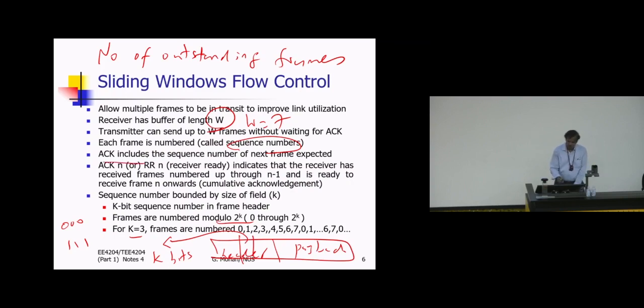Acknowledgement is also a frame, and it also carries a sequence number that tells which frame is acknowledged. And usually in practice, we use cumulative acknowledgement. Cumulative acknowledgement means the receiver need not acknowledge every individual frame. It can acknowledge a group of frames at once. Let's say it has received 5 frames.